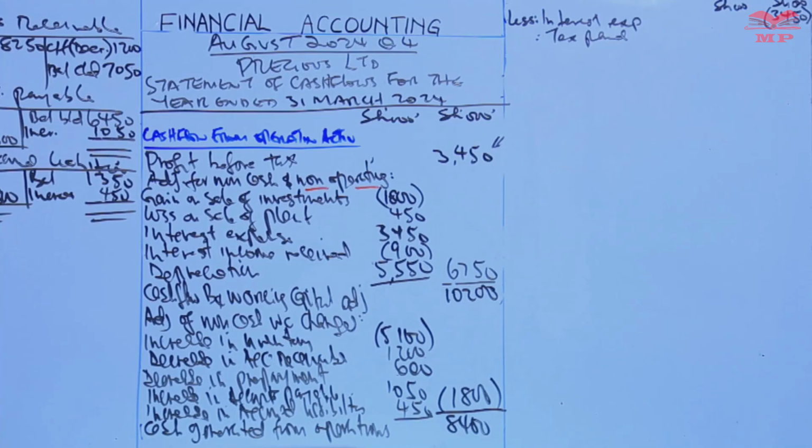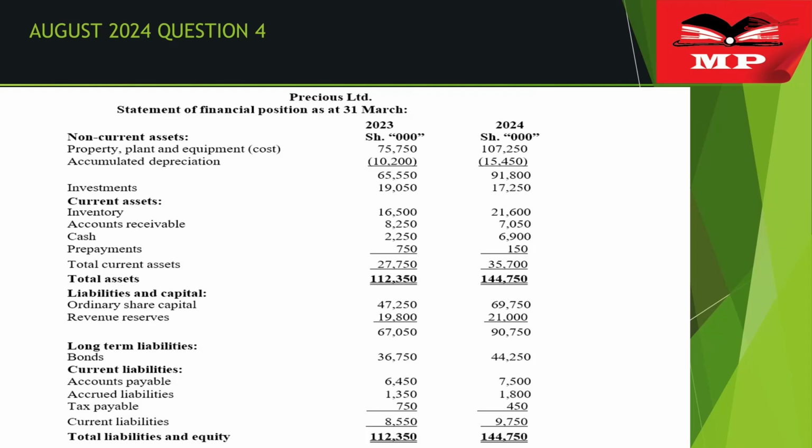We need a working for tax paid. What information do you have on tax? Do you have tax payable in the statement? Yes, look at the current liabilities. There is a tax payable of 750 at the beginning and 450 at the end.